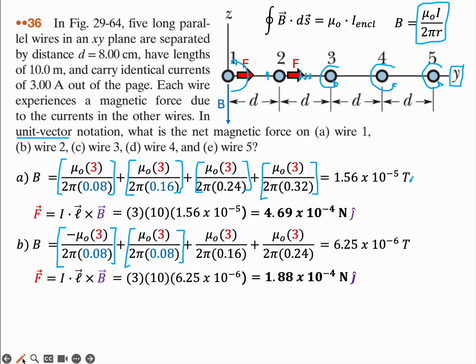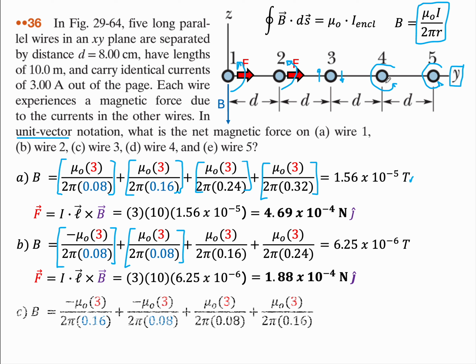What about wire 3? Some of you might have already guessed it. Take a look at it. What's going to happen for wire 3? Well, you've got wires 1 and 2 producing a field that's around themselves counterclockwise, same thing as those. At the position of wire 3, 1 and 2 are going to produce a field that way, and 4 and 5 are going to produce a field that way.